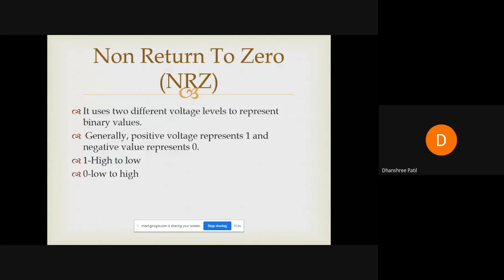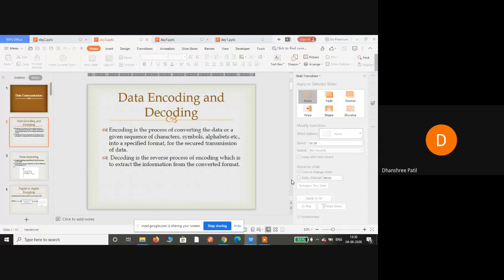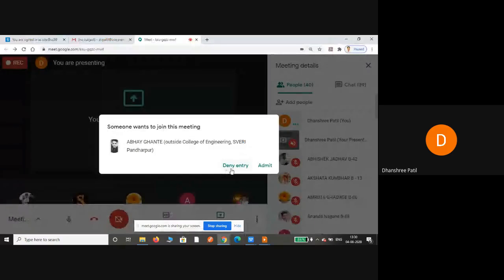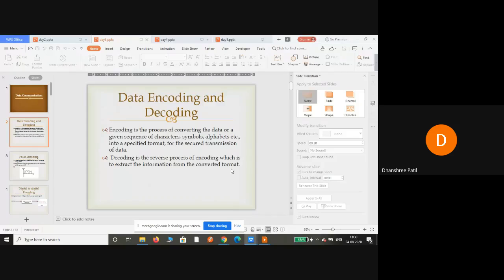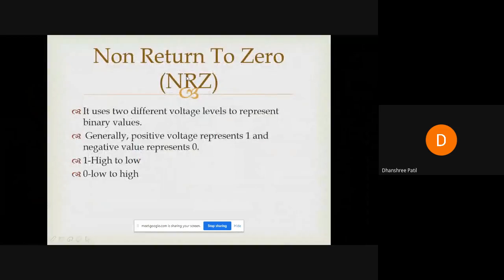Now let's see one by one. The first technique is NRZ, non-return to zero. Non-return to zero uses two different voltage levels to represent binary values. Two different voltage levels means positive and negative. Generally a positive voltage represents 1 and a negative voltage represents 0.